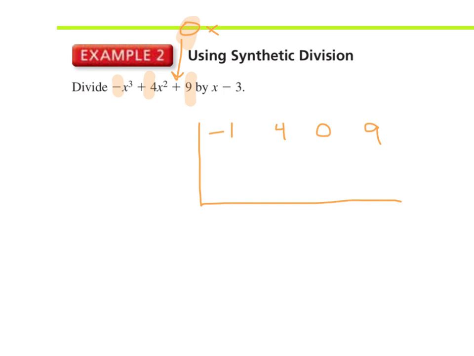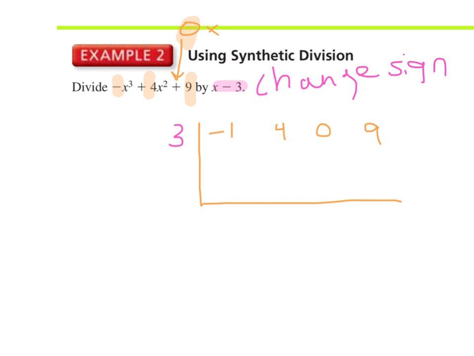Outside, we put our divisor, so -3, but we have to change the sign. So this would become a +3. So we change the sign. So we put a +3 on the outside.